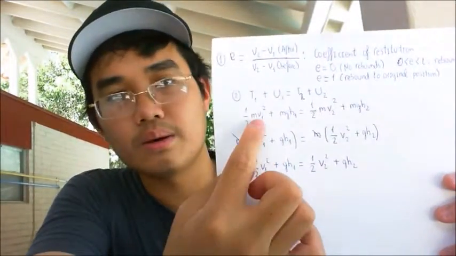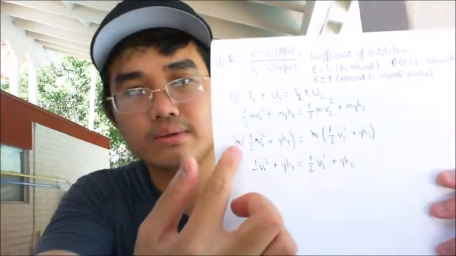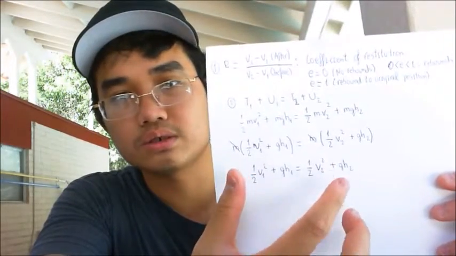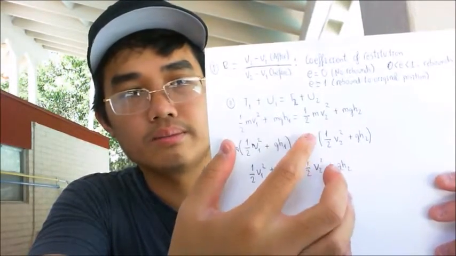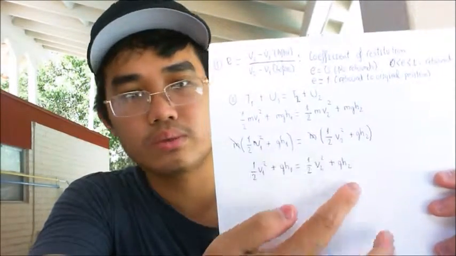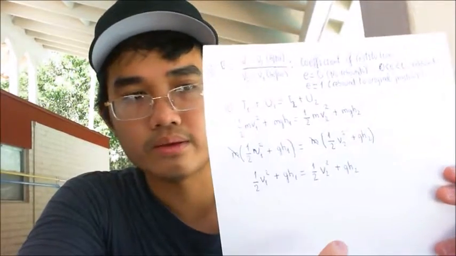And since the mass right here and right there are the same, we can factor them out and cancel them, and eventually we get the equation right here.